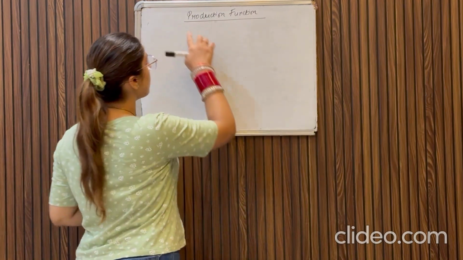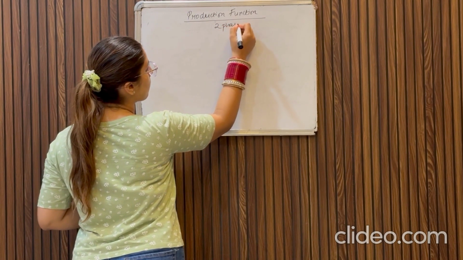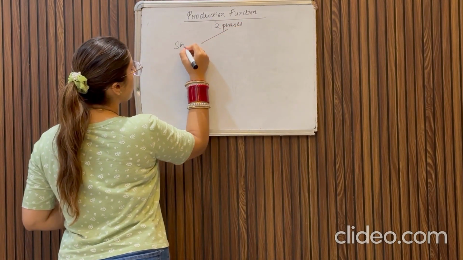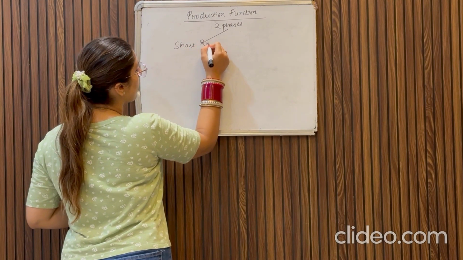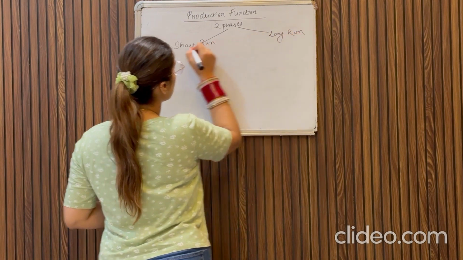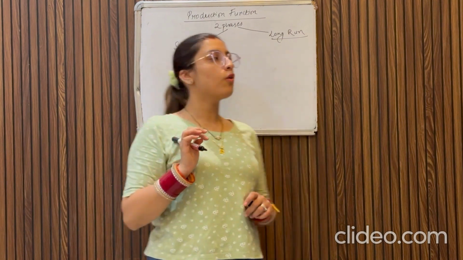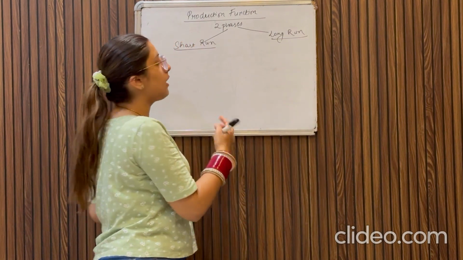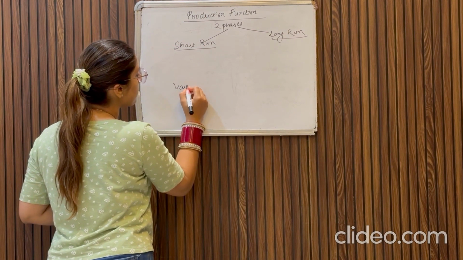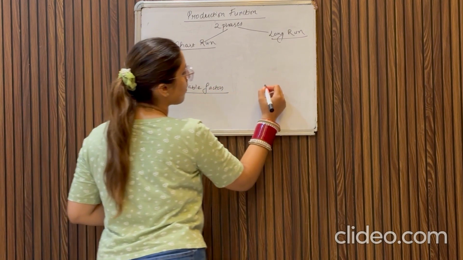This functional relationship takes place in two phases. One is your short run and one is your long run. To understand these two phases, the short run and the long run, we have to simultaneously understand what are the variable factors and what are the fixed factors.